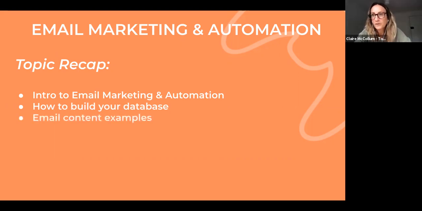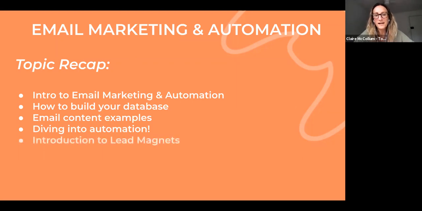In the third session, we focused on email content examples. I showed a whole bunch of ideas that you can email out, which was a really great session too. Then we dived into automation, with ideas and examples of automations that you can do, which is a really valuable tool for your business and for communicating with your guests as well.